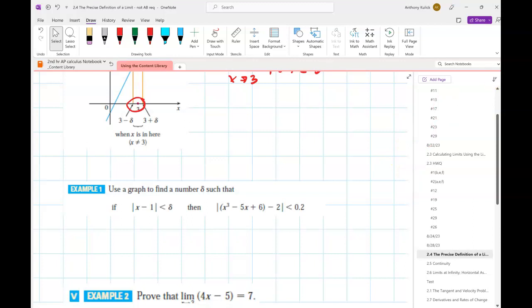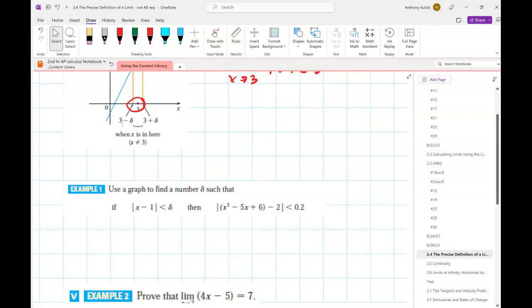So what one of these proofs looks like then is, what we're trying to do is find the delta, figure out what that delta is.